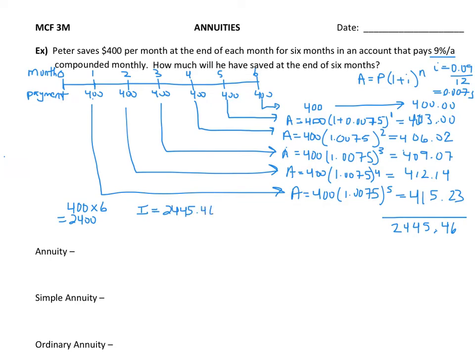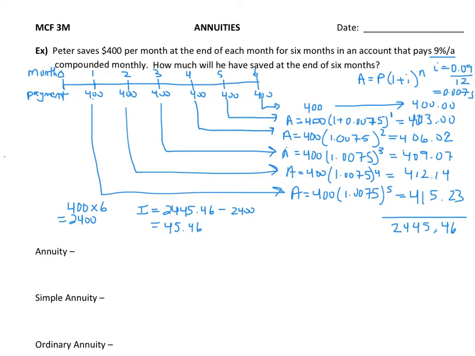Now we might have a bit of a rounding error because we've rounded every single one of these up, I think. So just be aware of that, that when we do a different calculation for this, we might be out by like a cent or so. All right, so in total, over 6 months, he's earned $45.46 without really doing anything extra except making sure he puts the money away.